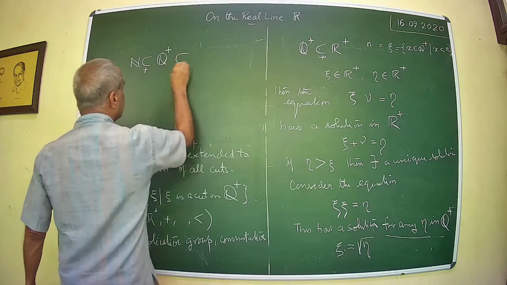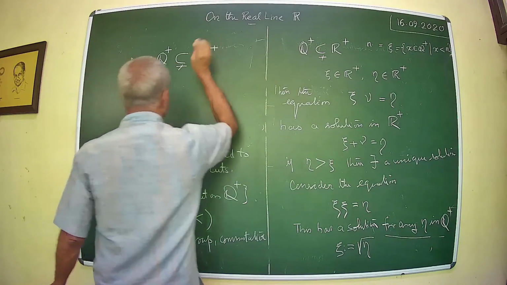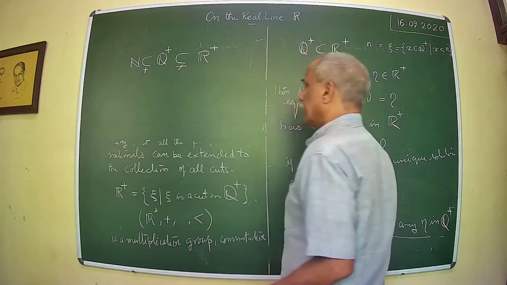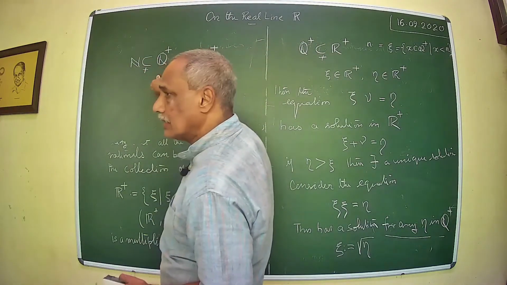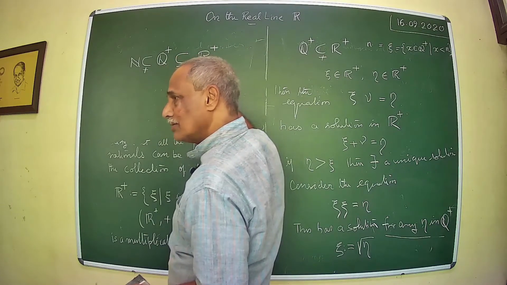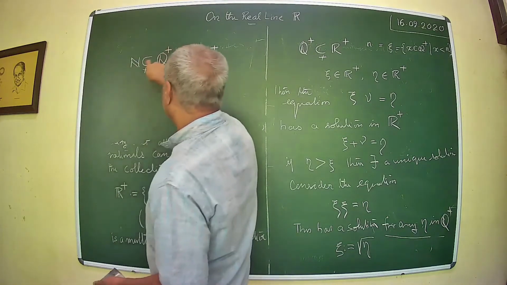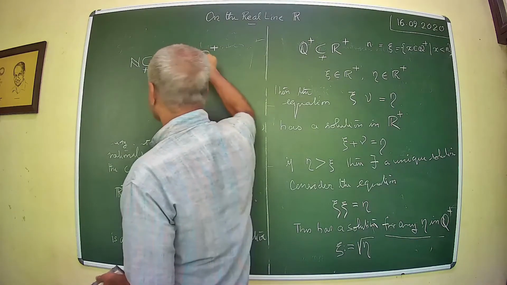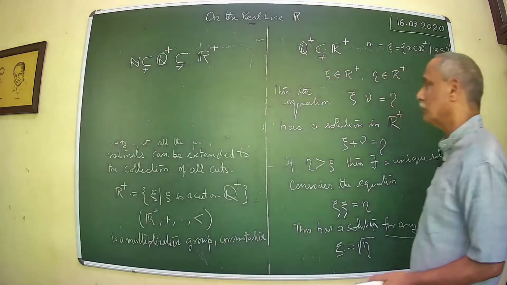Then you got this is a collection of ordinates. So every natural number can be considered as a cut. Every rational number can be considered as a cut. Okay? Therefore, you have this natural embedding of n in Q plus and Q plus in R plus. So that's the wonderful thing about it.